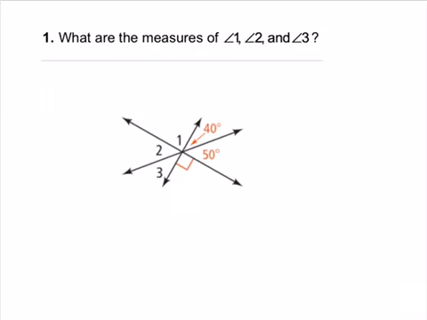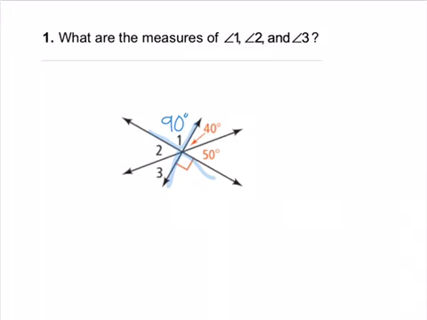All right, folks, we're going to wrap up this lesson. We're going to go through a couple of problems just to make sure we have the main points here. On problem 1, they want me to come up with the measures of angles 1, 2, and 3. So for angle 1, I can see that this angle is vertical with this angle, meaning that angle 1 needs to be 90 degrees.